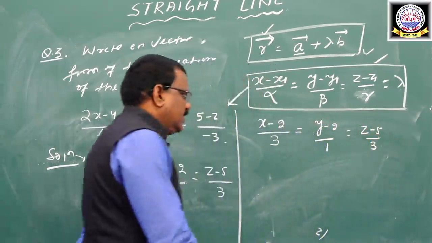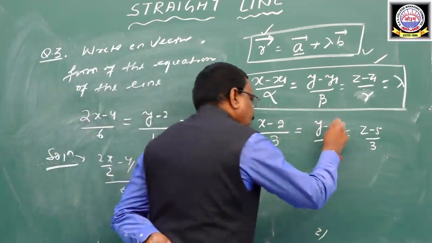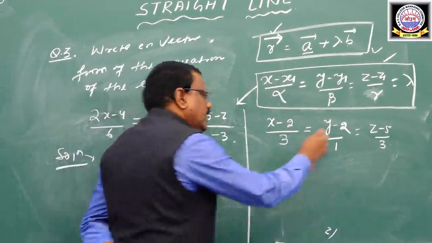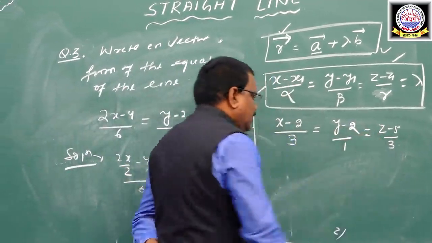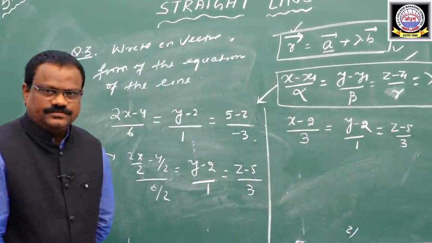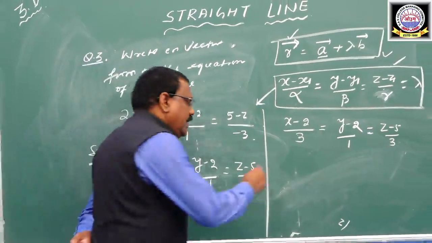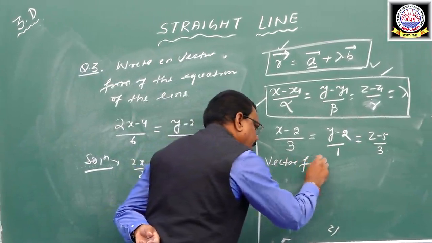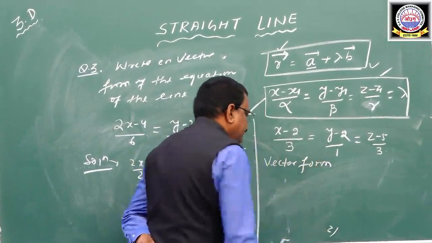Now it is coming to the standard form. After coming to the standard form, then only you can think about the conversion, otherwise not. So I can write now the vector form.